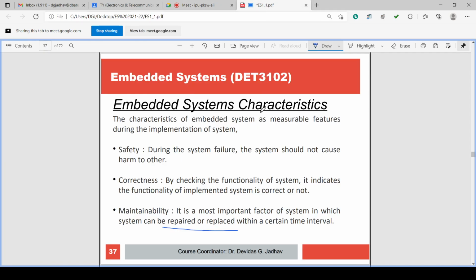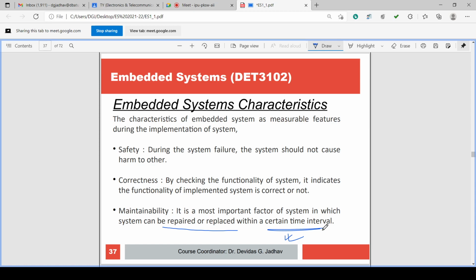The time interval is important because the system is deployed on the production line of a factory, industry, robotic arm, conveyor belt, automatic detection, automation, etc. If the embedded system fails, then within a certain time interval it can be repaired or directly replaced with another board, and the industry production will continue while the replaced board is repaired further. So this is called maintainability.